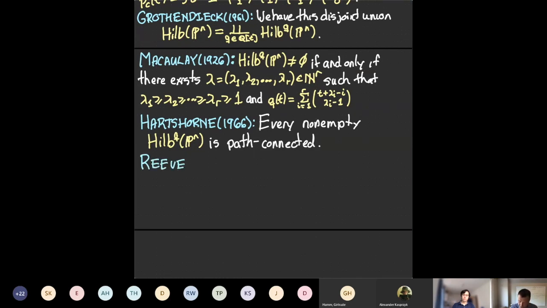In Alison Reeves' thesis, appearing in a joint paper with her supervisor Mike Stillman sometime later, '97 in fact, they analyzed that special point that was the center of Hartshorne's analysis, and they showed that every non-empty Hilbert scheme has a smooth point.